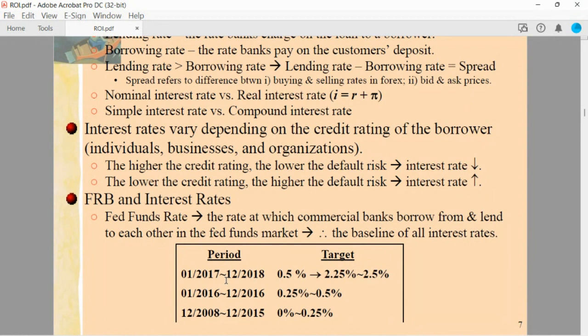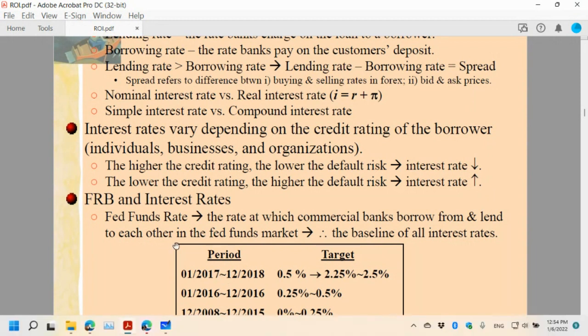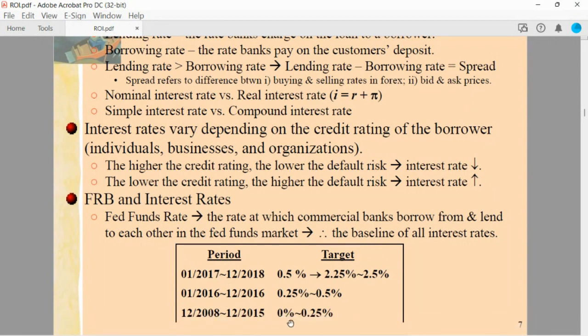But then 10 years after lifting the Glass-Steagall Act, I'm not going to go into that, because this is another side, and this class is not about political economy. But anyway, after the financial crisis, the Federal Reserve set the target rate between 0 and 0.25.